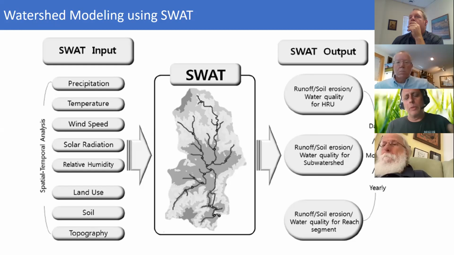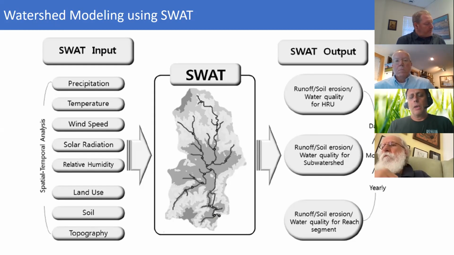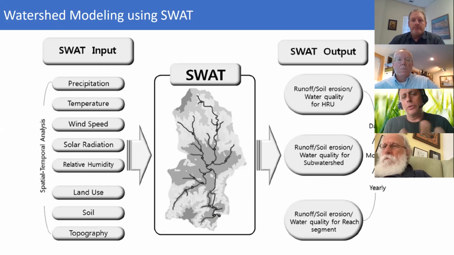The model predicts things at the daily level, and then we can average that to the monthly or the annual level. It can give us information for the entire watershed, for a particular river or reach segment, for a smaller sub-watershed, or even at the level of sections within a sub-watershed. So it can give information at very different levels and scales.